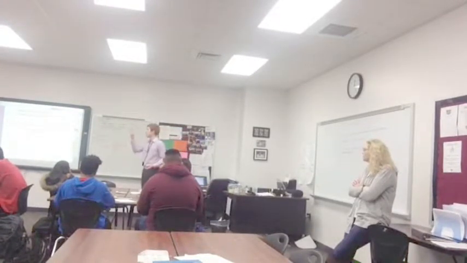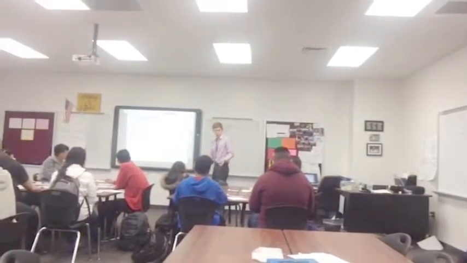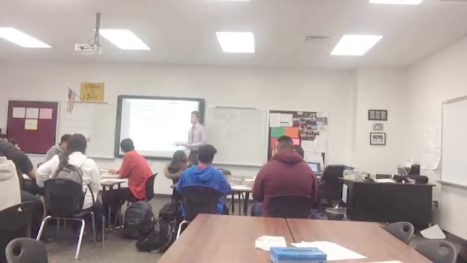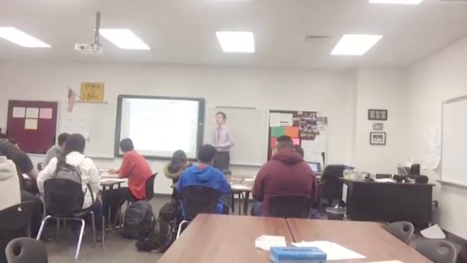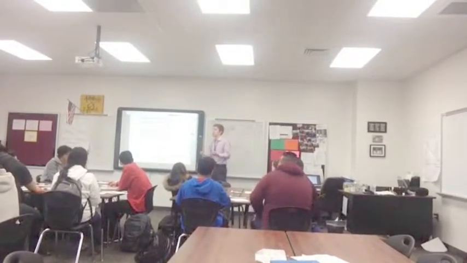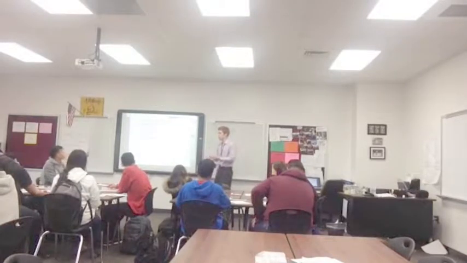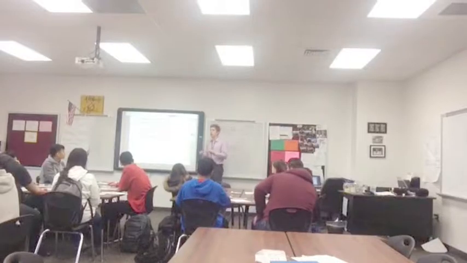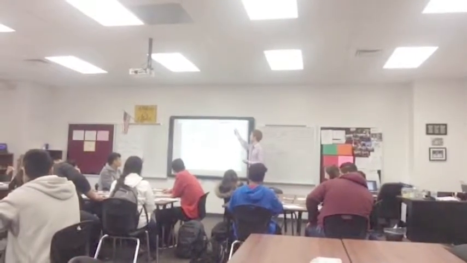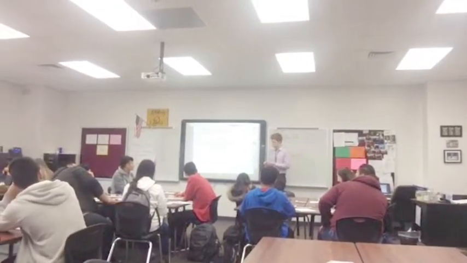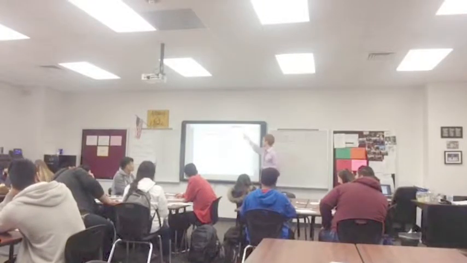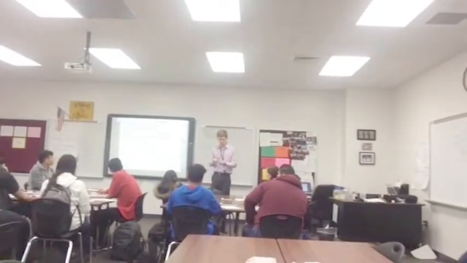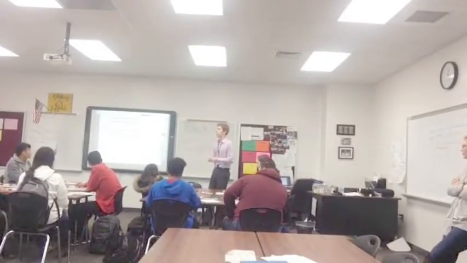If we give you a blue one, that means the work that we see on your paper or on your board, you made a calculation error. That means like I did 3 plus 5 and I wrote down that it was 7. I was in a rush and I wrote down 8. Now you knew what you were doing. You meant to do the right thing. You just made a little calculation error. So if you get a blue one, it matches that color, right? Blue. So you made an error. You need to go back and look, wait, where did I make that error? And so you can find that.